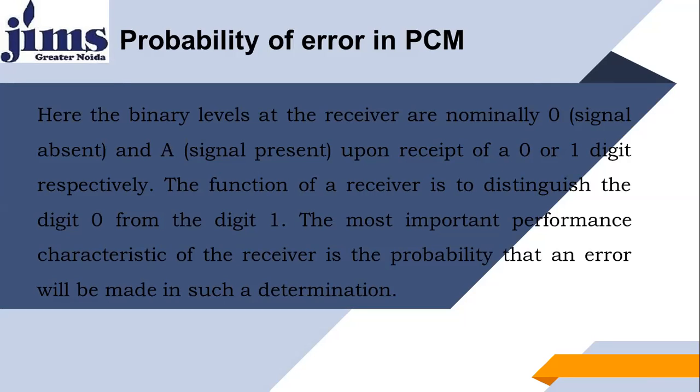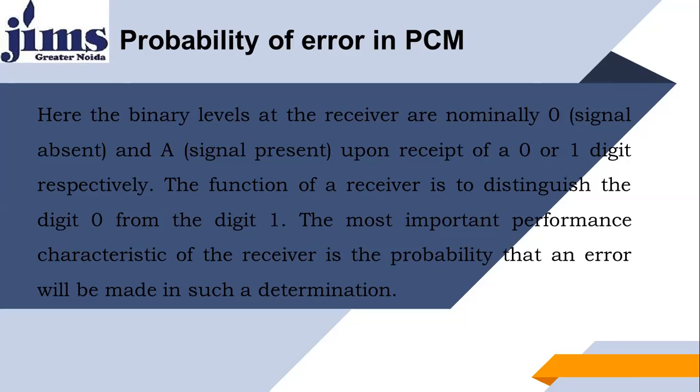The probability of error means when 1 was transmitted, the receiver said 0, and if 0 was transmitted, the receiver said 1, right? So if the receiver says 0 when 1 was transmitted or vice versa, then we can say that this is the error that comes in the picture.